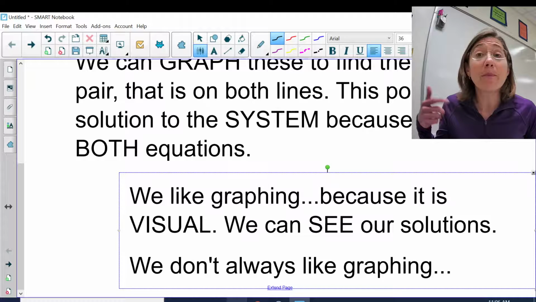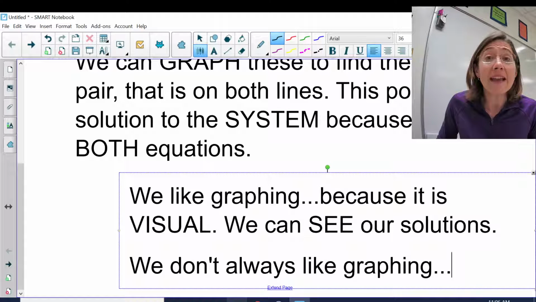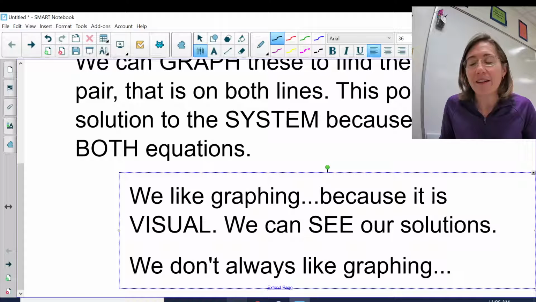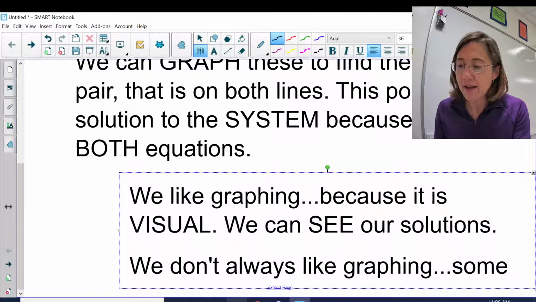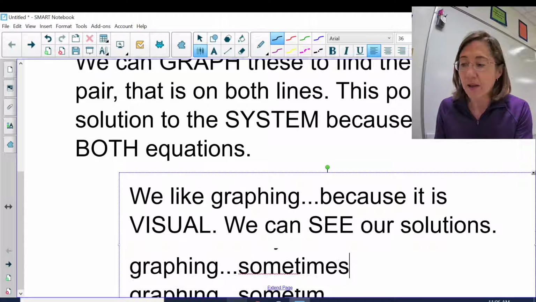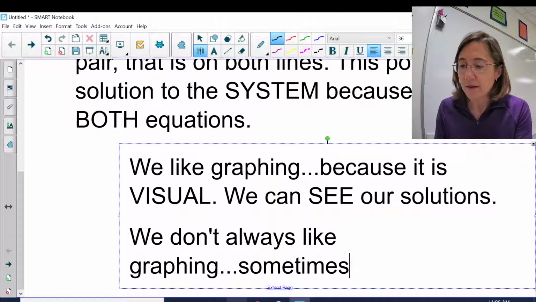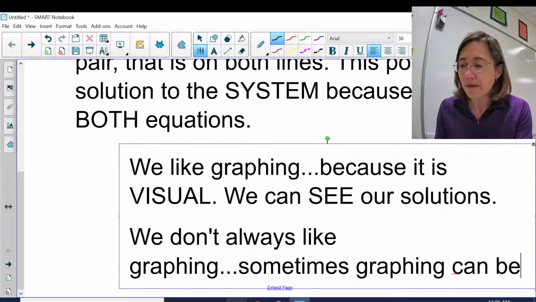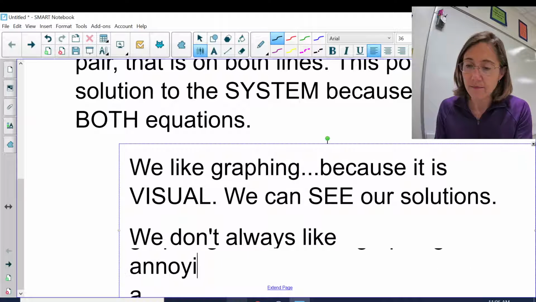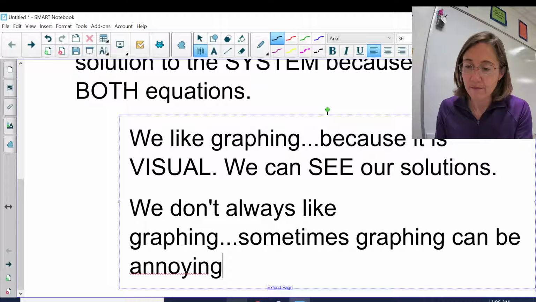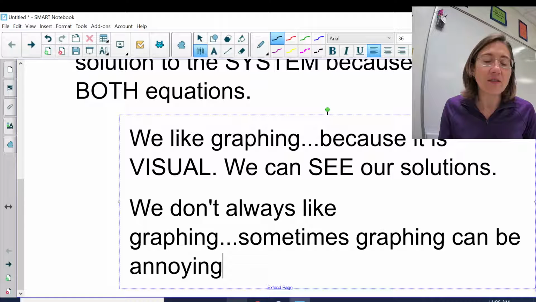If I didn't pull it up on Desmos and you had to graph it by hand, that would have taken a lot longer, right? Okay, so sometimes, I will admit it, graphing can be annoying. Like I'm thinking when you have to graph by hand.